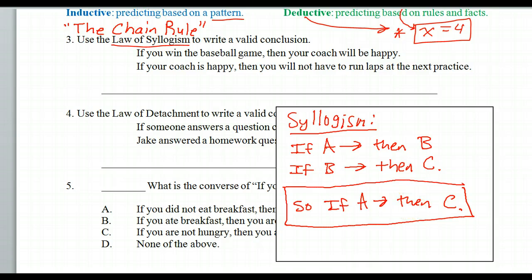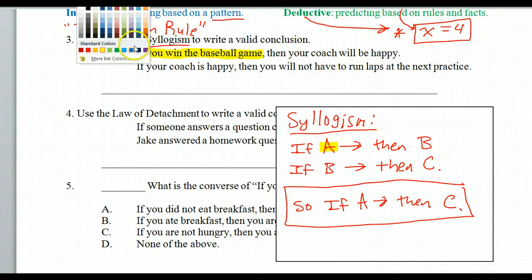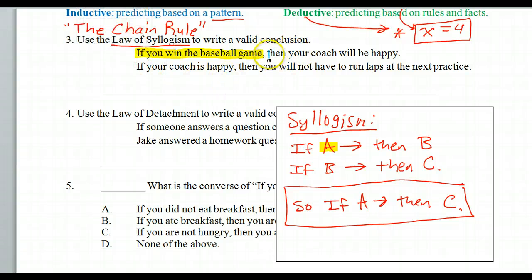All right, let's see what we've got. If you win the baseball game, so that's sort of like A, then your coach will be happy.